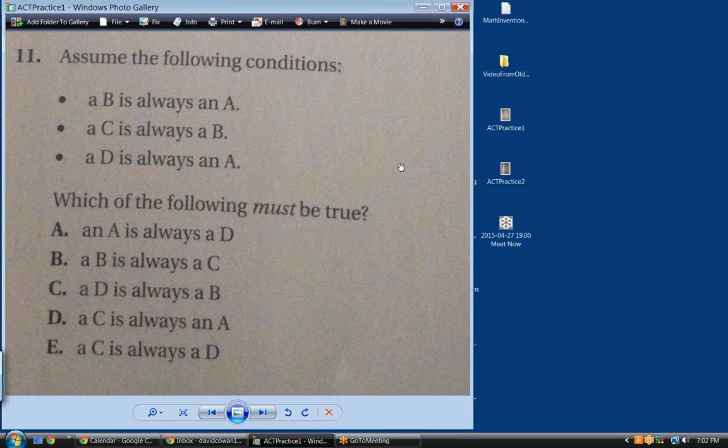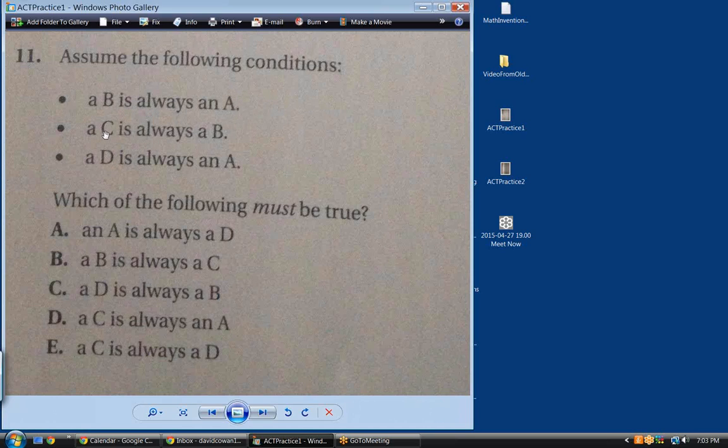However, it is like saying, if a B is always an A, and a C is always a B, well, what does that make a C relative to A? In other words, if a cowboy is always an American, and an American is always a human being, then doesn't a cowboy have to be a human being?